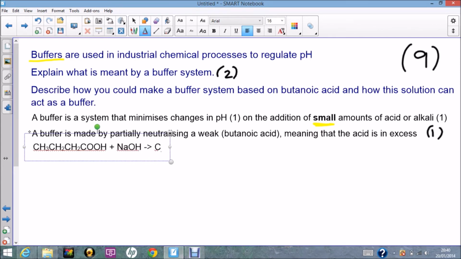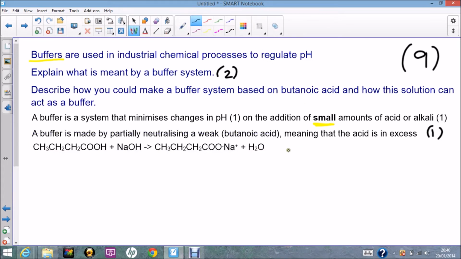And I will get sodium butanoate, which is that, and some water. So that will be the equation for making the buffer, and I'll get 1 mark for that.